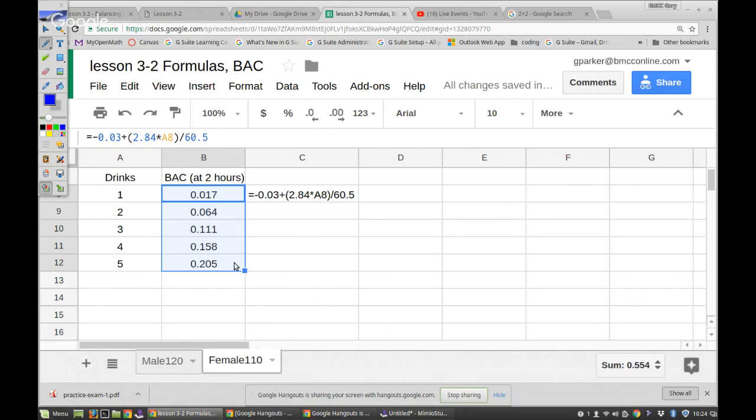Okay, so show me your formula for 0 drinks. All right, so equals negative 0. Oh, there's no times. You've got the times wrong. Yeah, so get rid of that one. And where you have the one from one drink, that's supposed to be the cell.